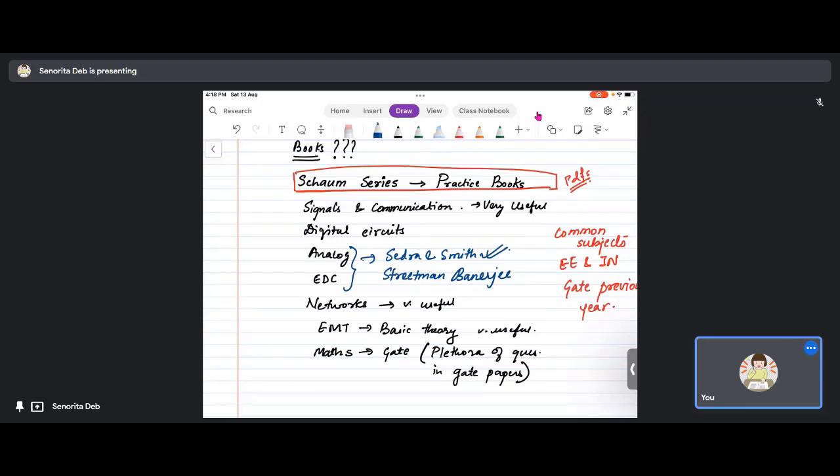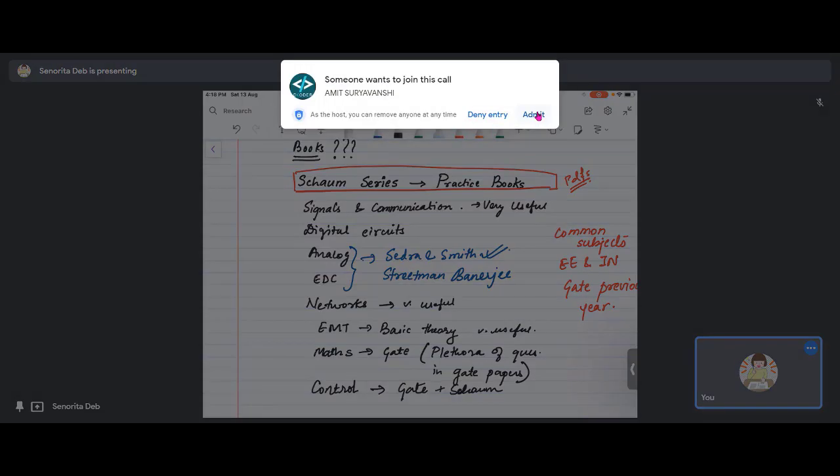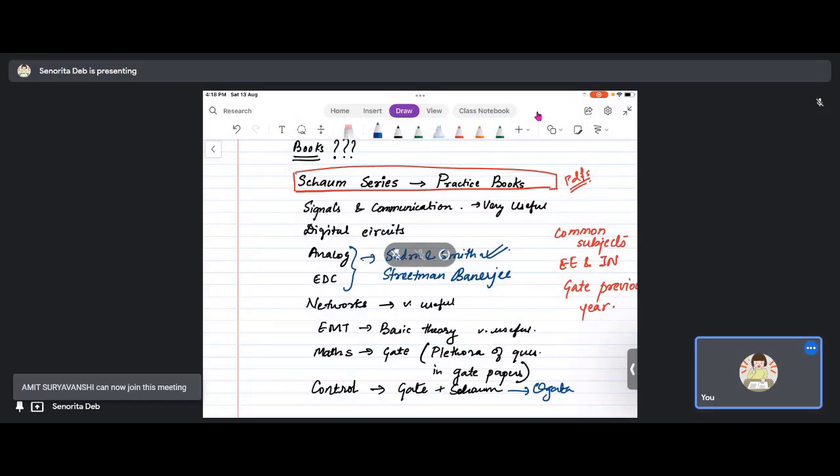And for control, normally people use, okay, control systems I did not write here, I think. For control also you have the SHORM series. So GATE questions plus SHORM questions, and you have the book of Ogata for clearing doubts.